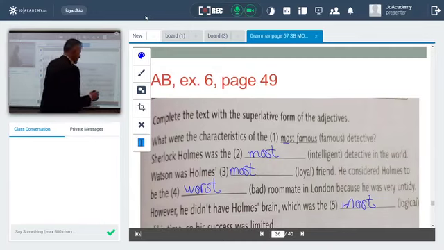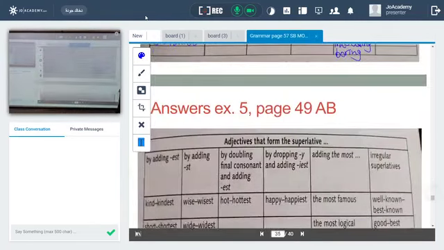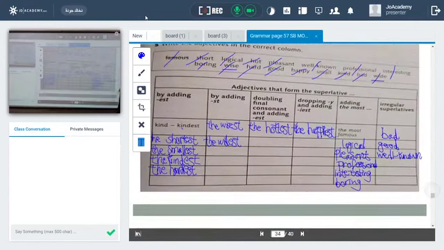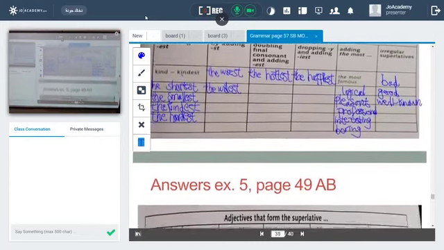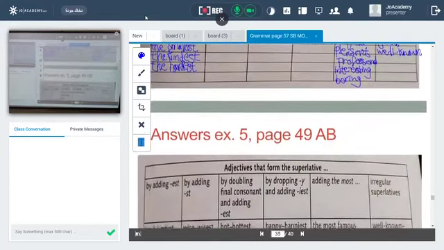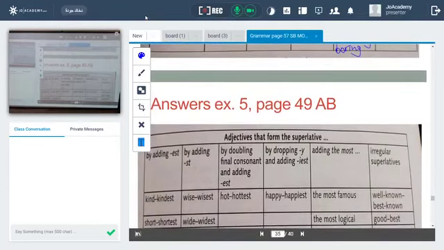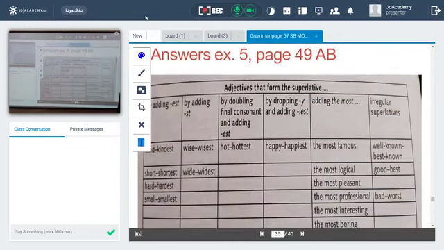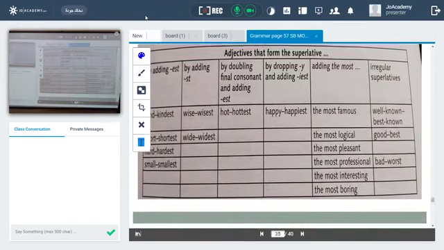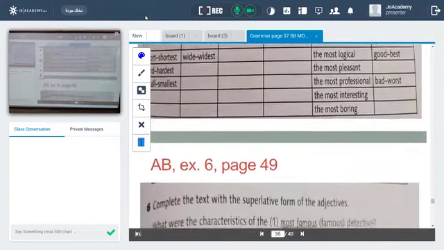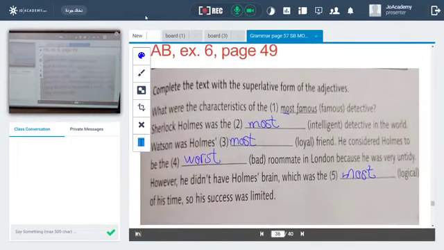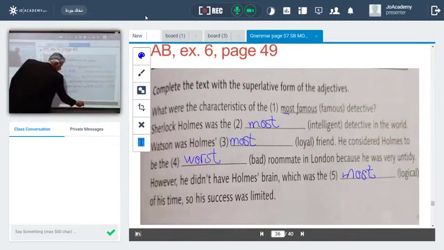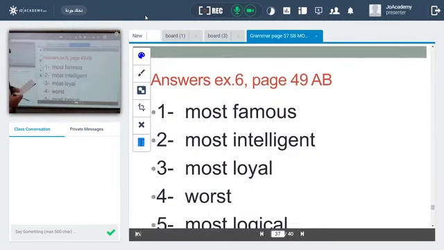Let's see the answers. Most famous, most intelligent, most loyal, worst, most logical.